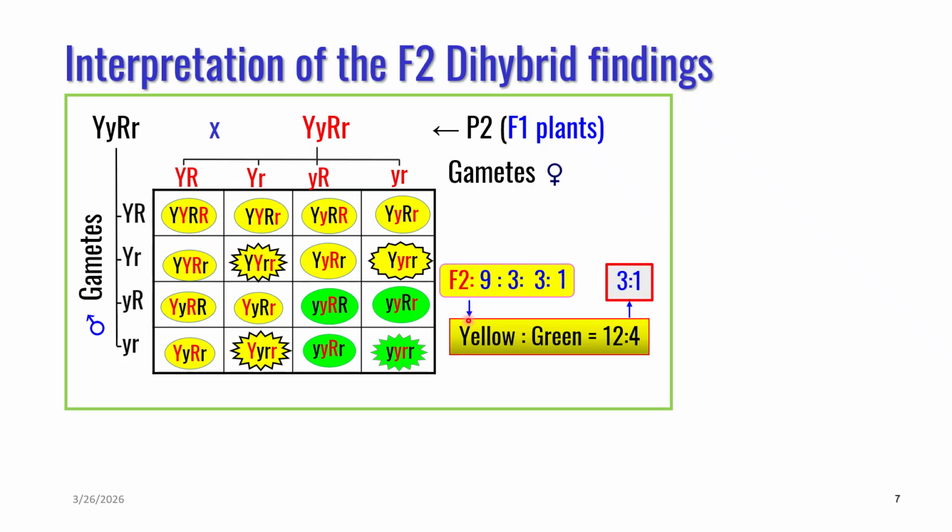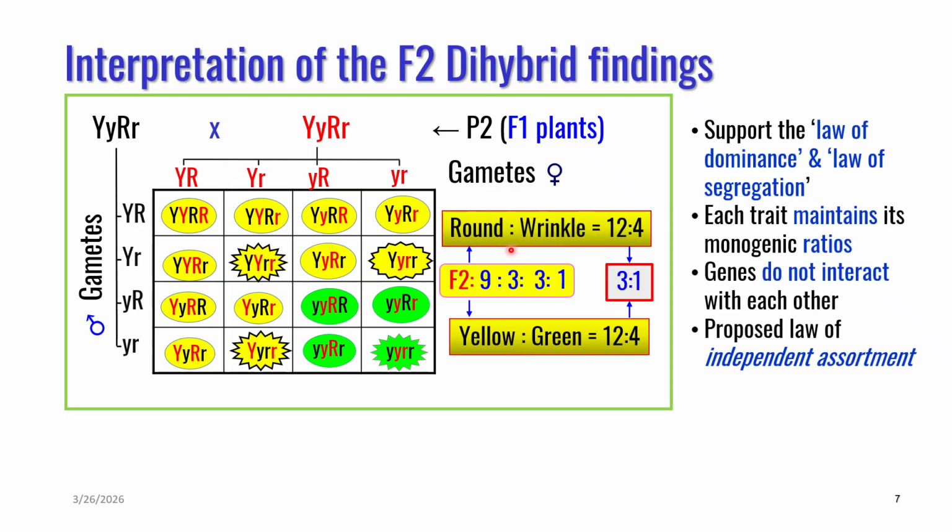For example, for seed color, 12 yellow and 4 green comes out to be 3 is to 1. For the other trait, shape, round versus wrinkled is also 3 is to 1. So even in a dihybrid cross, these two different traits maintain their monogenic ratio, suggesting that there is no interaction between different genes. Based on these findings, he proposed the law of independent assortment.